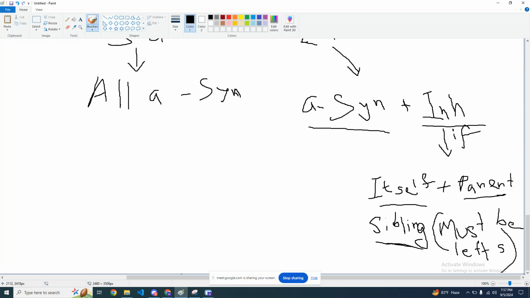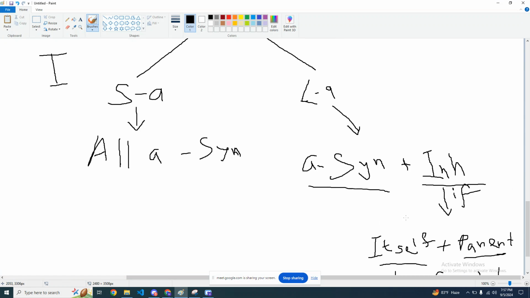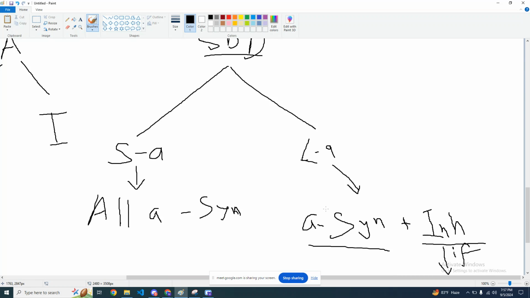If it inherits from the sibling, it should always inherit from the left sibling. It cannot inherit from the middle sibling or the right sibling. It cannot inherit from the right sibling. That is why it is known as L attributed, because it is inherited plus synthesized, but the inheritance is only from left children.